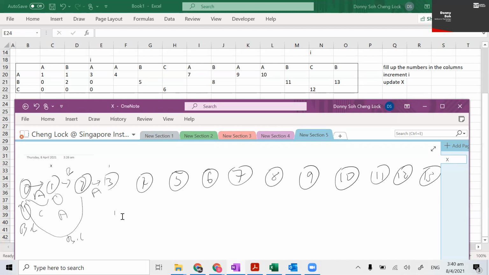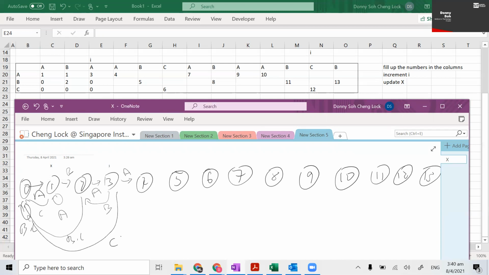Now from 3 to 4, this is again an A. And what happened to X if I see a B? If I see a B, it's going to go to 2. So this will be 2. If I see a C, it's going to go to 0.